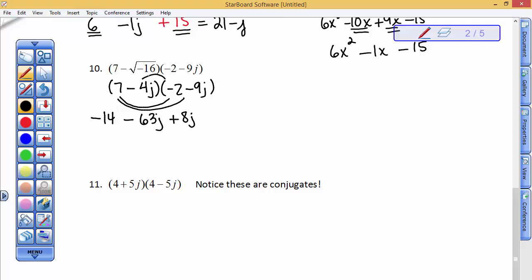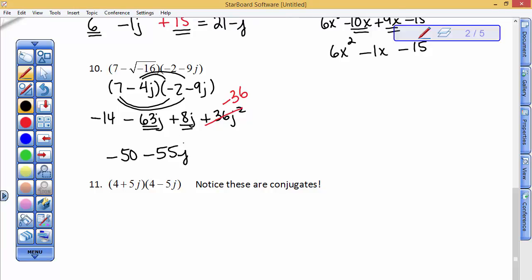And this negative times a negative is a positive 36j squared. But I'm going to cross that off and think of it as a negative 36 so that I can combine it with the negative 14, because those are going to be like terms. So they add to be a negative 50. And then these middle terms right here combine to be a minus 55j.